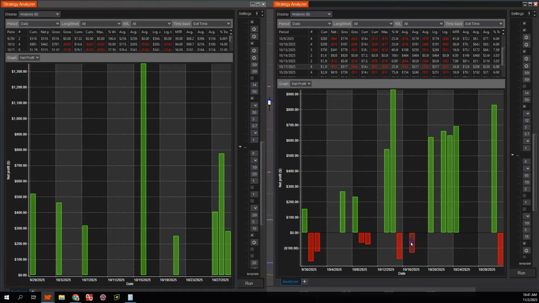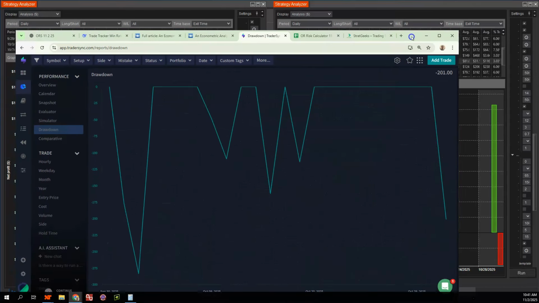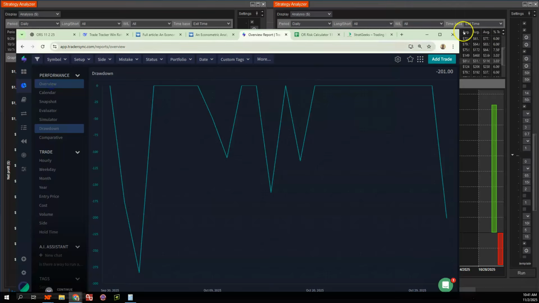So here's the 15th and the 17th. So we need this day. What if this day here was a really big loss day? That's not going to show up in the drawdown summary for these unless you combine them both, and that's what this program does.